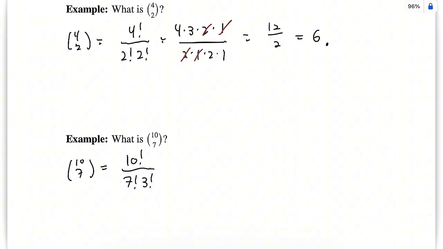And here it would be helpful, instead of writing out every single term, to take a bit of a shortcut. You can notice that 10 factorial is just equal to 10 times 9 times 8 times 7 times 6 times 5 times 4, but really this is just 7 factorial, right? And this is over 7 factorial times 3 factorial, which is just 3 times 2 times 1. Okay, so 7 factorials cancel. Again, we always get something that cancels in this kind of situation.